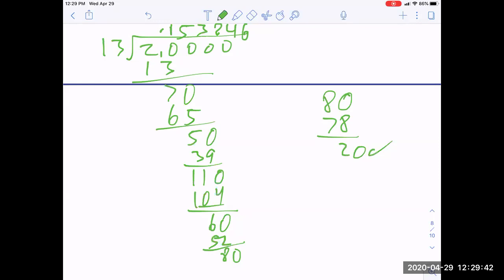That's our first repeating dividend. So I've got it. I know my repetend. It's 0.153846. And don't forget to put the line over it. So that's how we go from fraction to decimal. Long division.